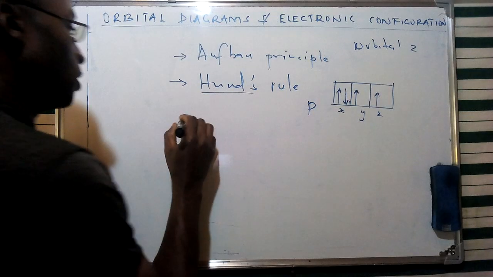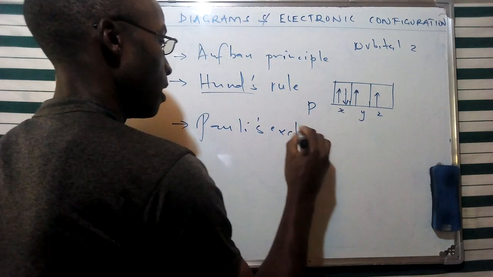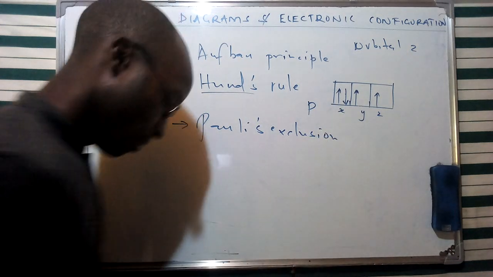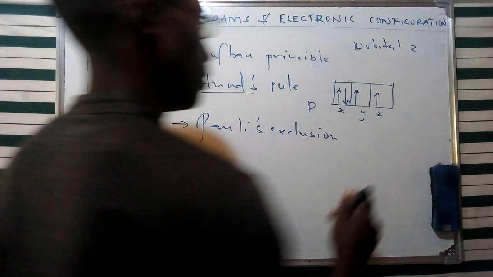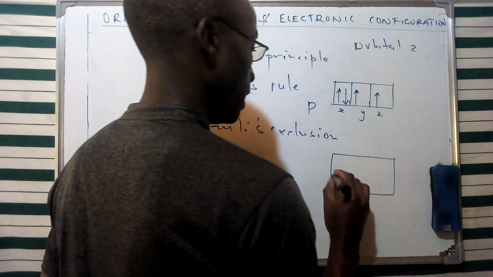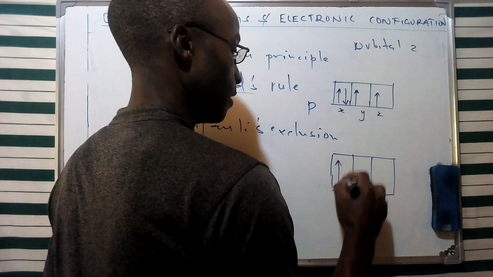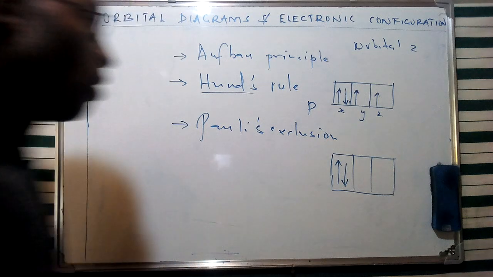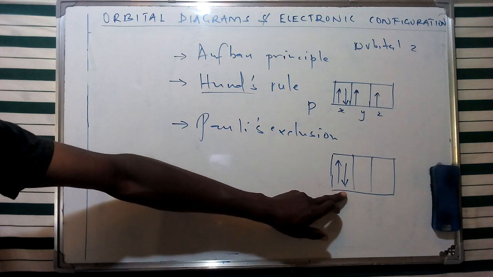And lastly, I mentioned the concept of Pauli's exclusion principle, which emphasized the spinning of electrons, or the orientation of electrons in opposite directions. So for this px orbital, I've given a designation for these electrons using opposite directions for the arrows. This indicates opposite spin.